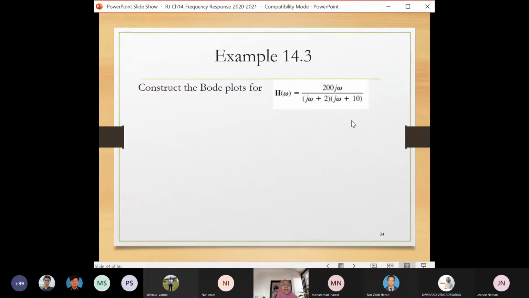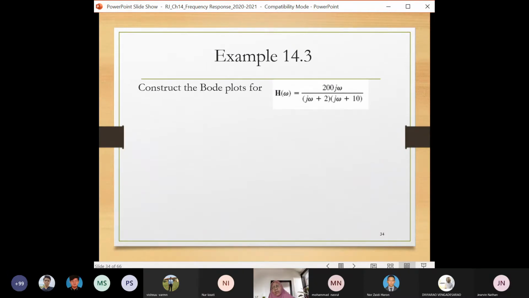Okay, so much about plotting. If you look at the UKM folio, I have posted a few series of videos which I found from the internet, YouTube, of lectures by other lecturers, which I think are very useful on how you can do the plotting of the Bode plot, the magnitude and the phase plot.